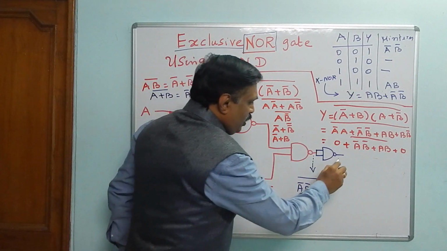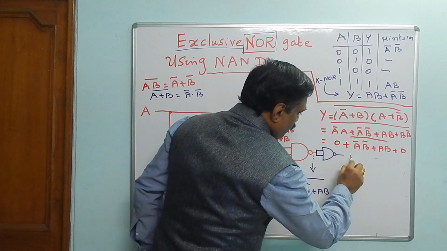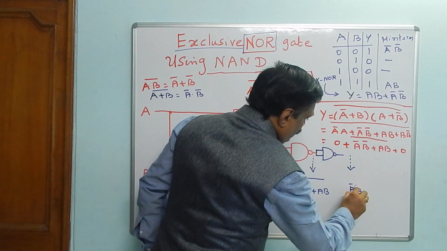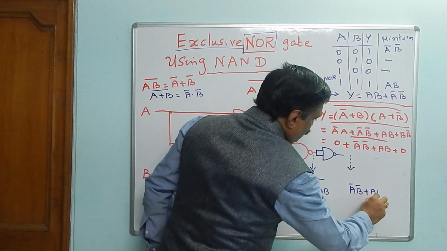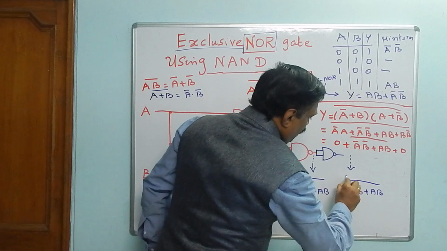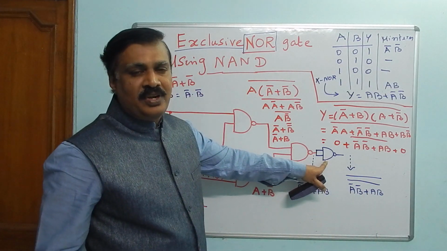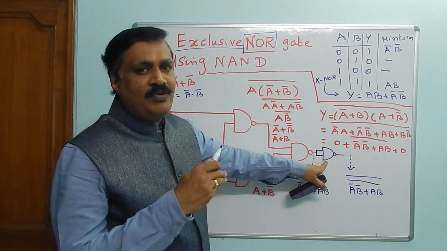After this, here you are getting A bar B bar plus AB, this bar and an additional bar due to this NOT gate. NAND gate in the form of a NOT gate.